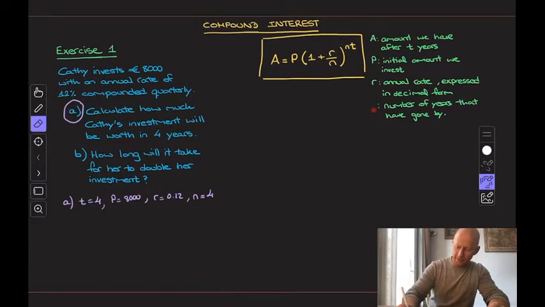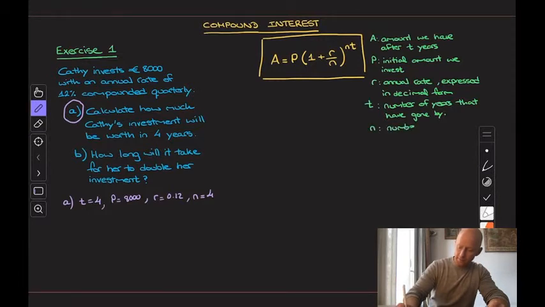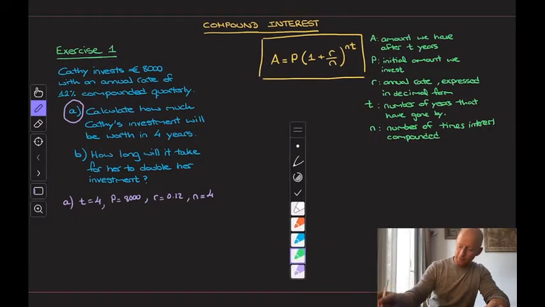So what I'll do is t is the number of years that have gone by, and n is the number of times interest is compounded. Something about this formula that always makes me write n as the number of years. But anyway, n is the number of times interest is compounded each year.